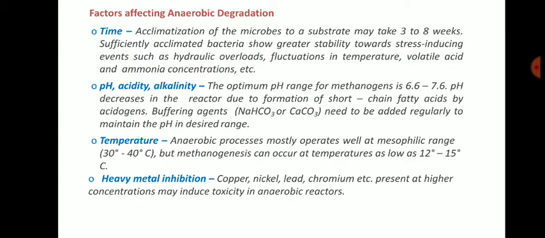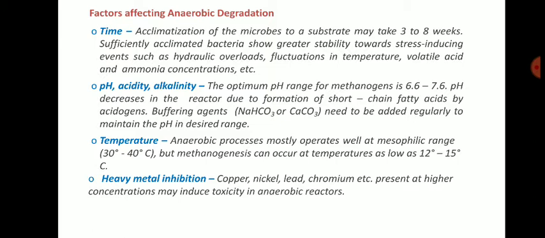So what are the factors which really affect the anaerobic degradation of organic matter? First point is time. Why is it important? It is important because of the history of microorganisms. If microorganisms were not exposed to the organic matter present in the wastewater in the past, it will take time for them to acclimatize to the given food.